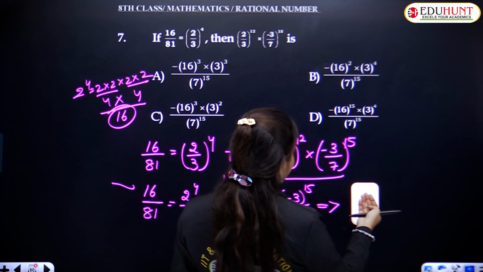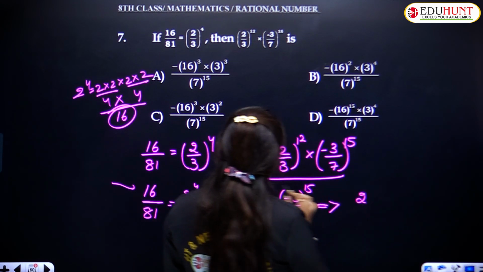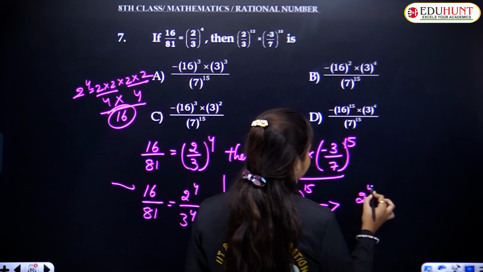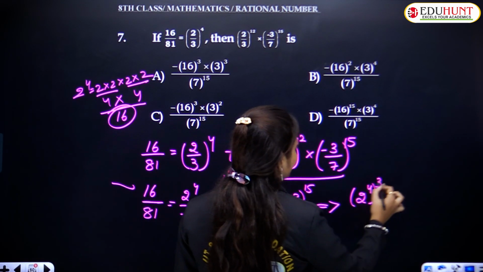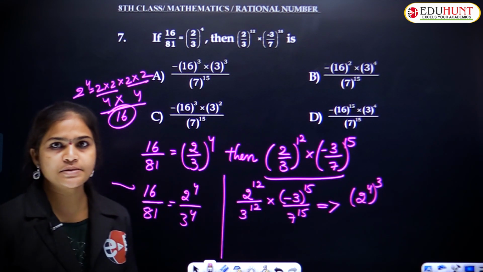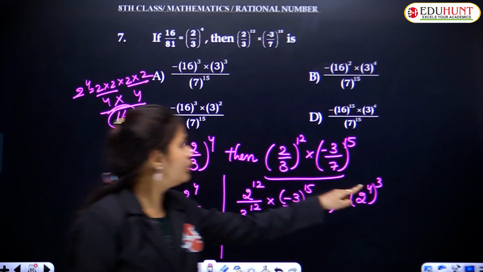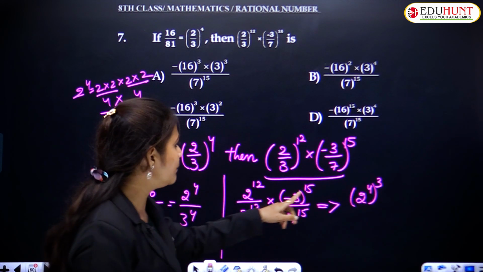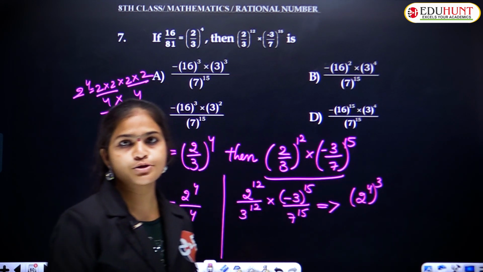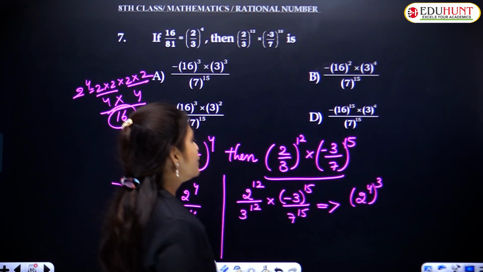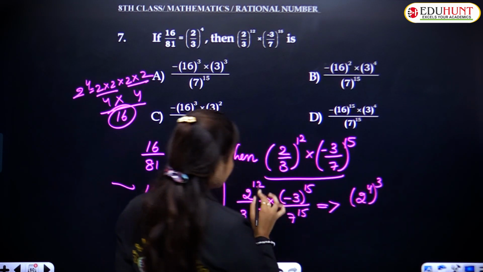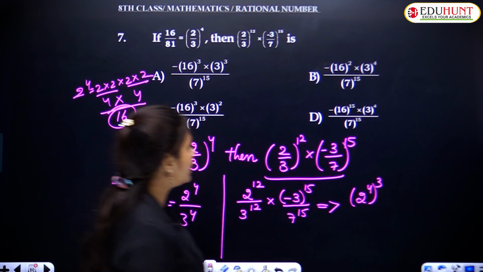So we can write 12 as 2 power 4 whole power 3. Yes or no? 4 3s are 12. In that exponents concept we already learned in 7th class, a power m whole power n is equals to a power mn. So 2 power 4 whole cube is equals to 4 3s are 12. So that is satisfying.